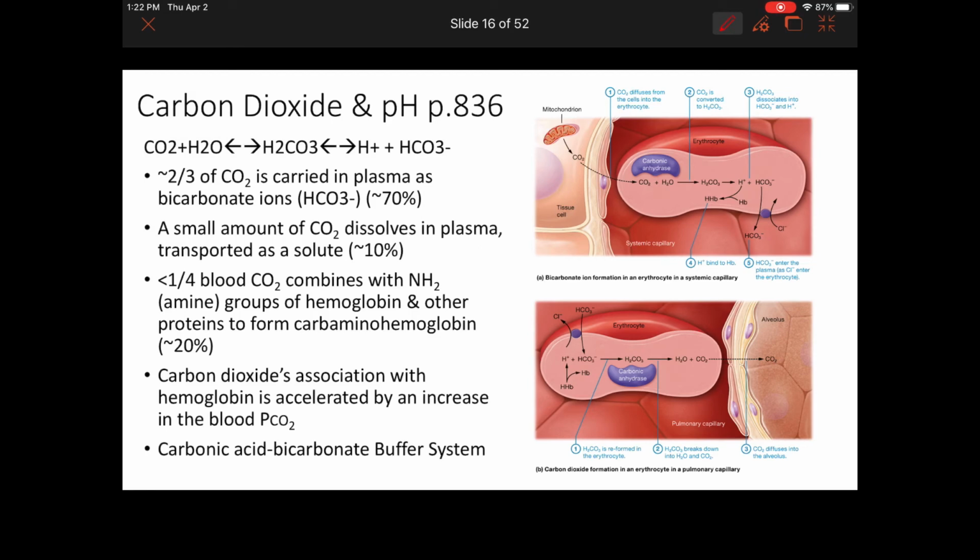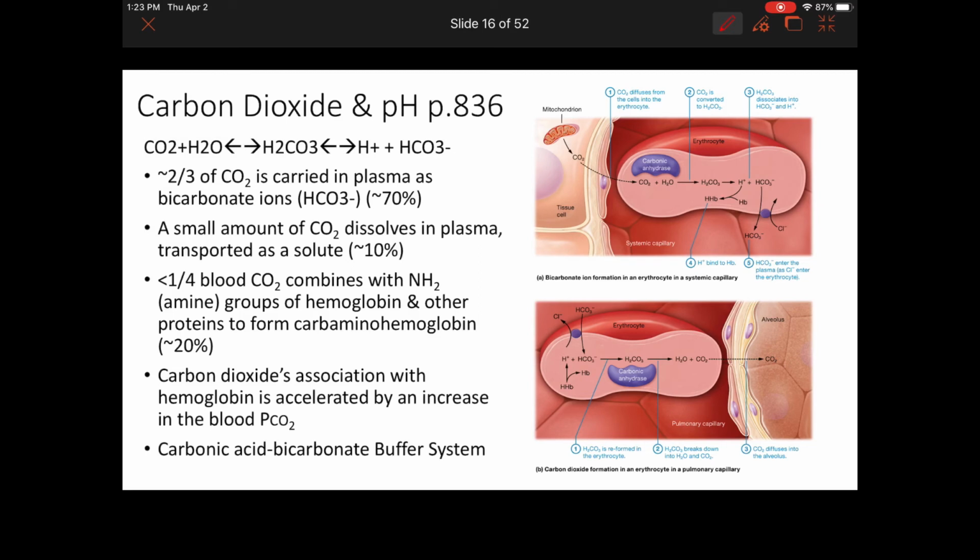Carbon dioxide is a metabolic byproduct of cellular metabolism. When cells make ATP, they generate carbon dioxide as a byproduct. So carbon dioxide is produced by the cells, it's released into the blood, and some of that carbon dioxide is exhaled in our breath every time we breathe.